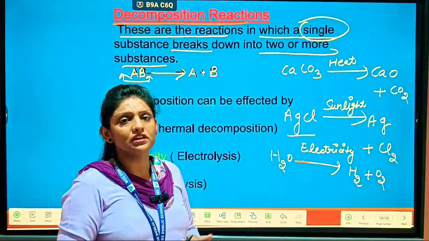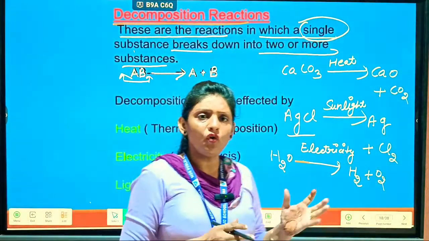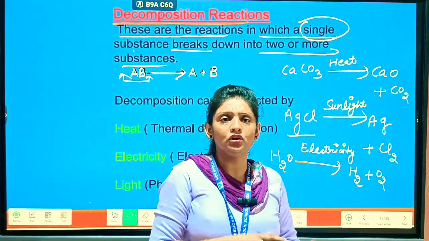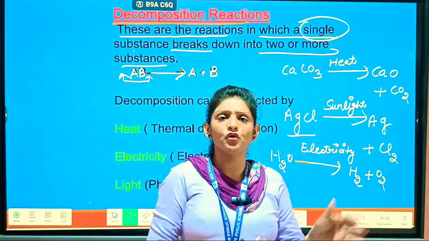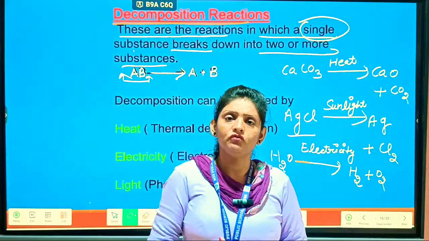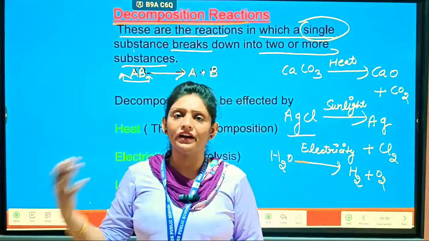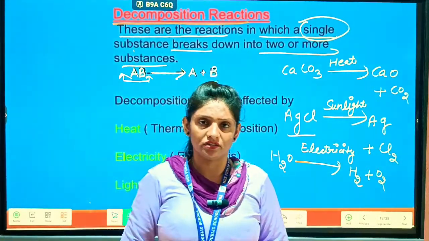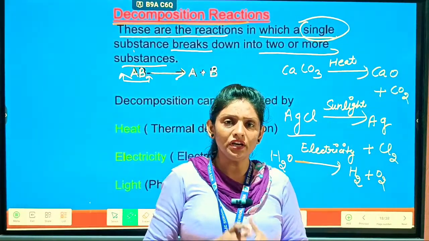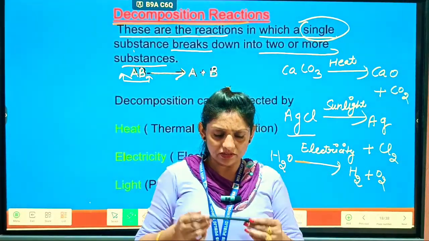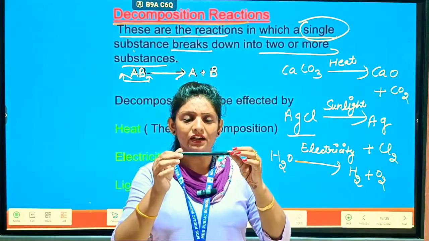Students, all these are forms of energy. It is not compulsory in the case of all reactions that we need to take heat only, because energy can be provided in any form, in the form of heat, electricity, or sunlight. Okay, and students, during decomposition, you know very well, let us consider here I have this electric pan.